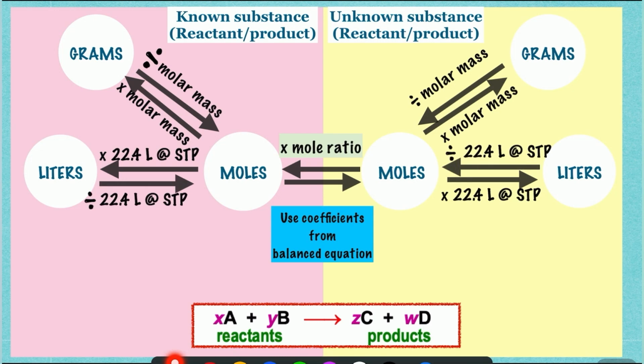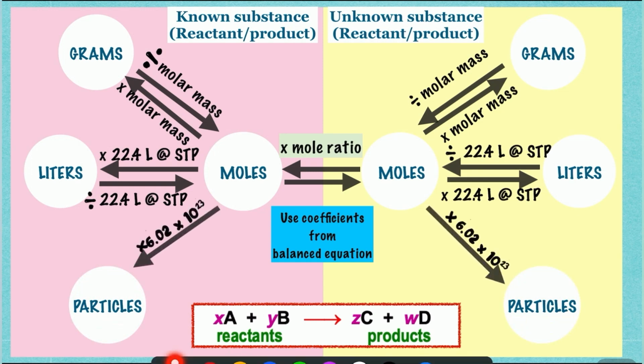From the volume to get mole, divide by molar volume. To get the particles, multiply moles by the Avogadro number. And to get the mole from the particles, divide by the Avogadro number.